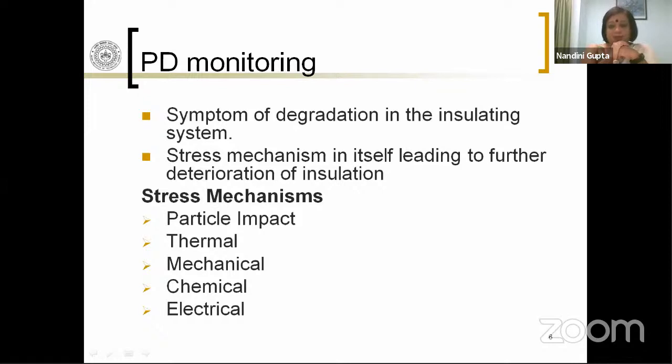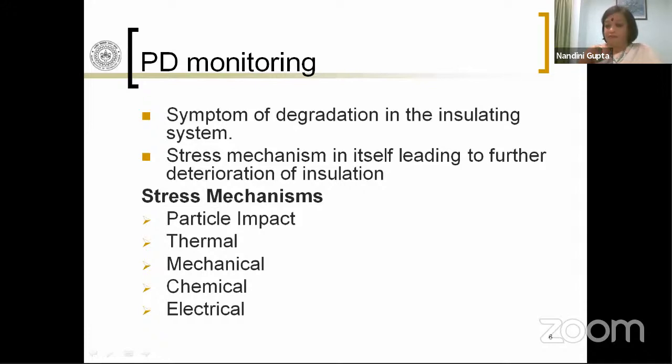Partial discharges have a two-pronged role to play in dielectric materials. Firstly, it is a symptom of degradation in the insulating system. So what we often do is we have a new machine and PD monitoring is done, and over time you continue to perform PD monitoring so that when you see a change in the PD patterns, I'll come to what I mean by PD patterns a little later, you might become aware that something might be amiss.